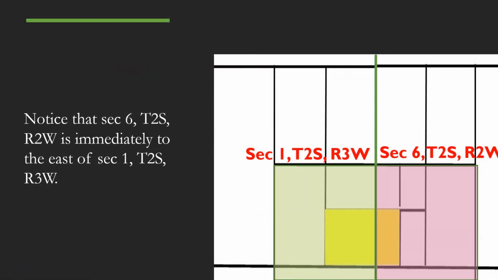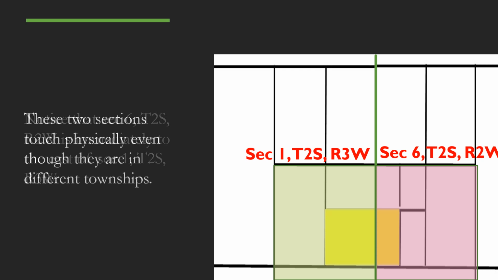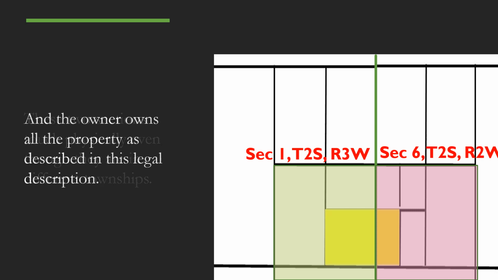Notice that Section 6, T2S R2W, is immediately to the east of Section 1, T2S R3W. These two sections touch physically even though they are in different townships, and the owner owns all of the property as described in the legal description.